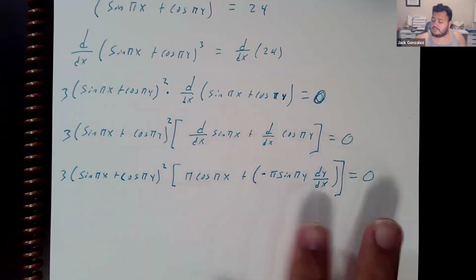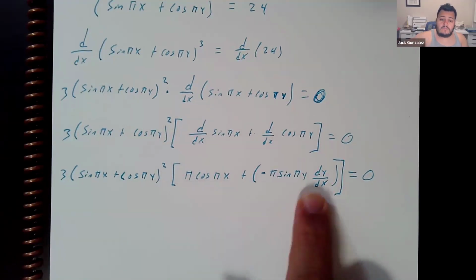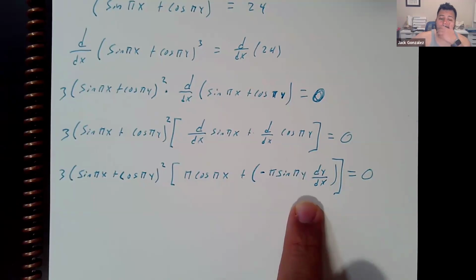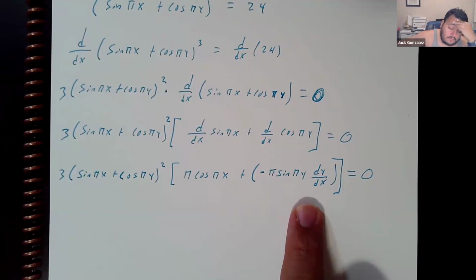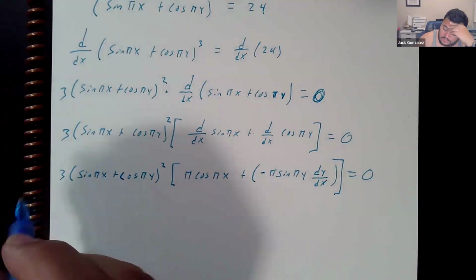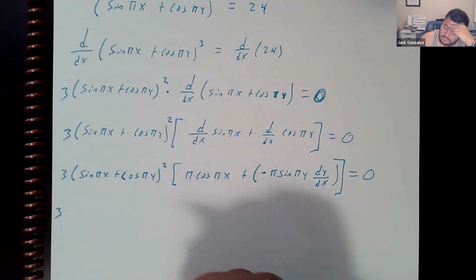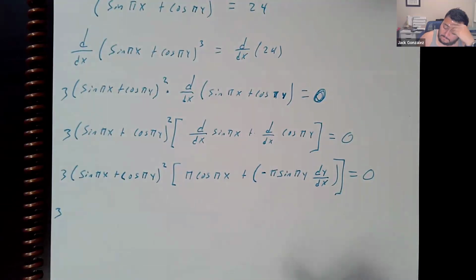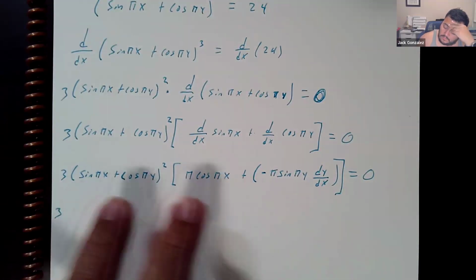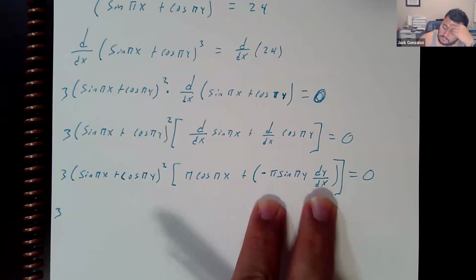So we're going to isolate this dy/dx. That's what they want. You can go about that many different ways. I'm going to do the way that I think is the easiest to understand. So distribute this on both of these.